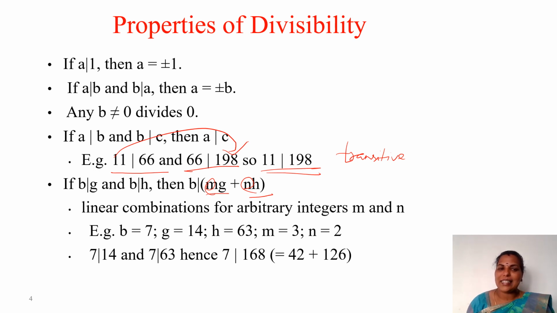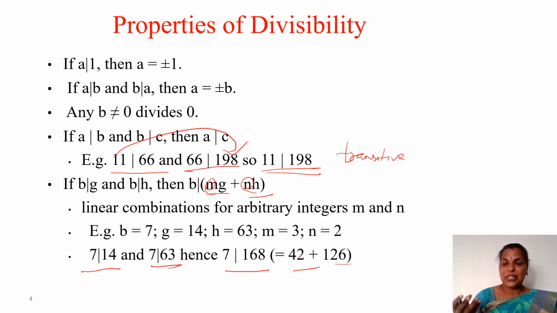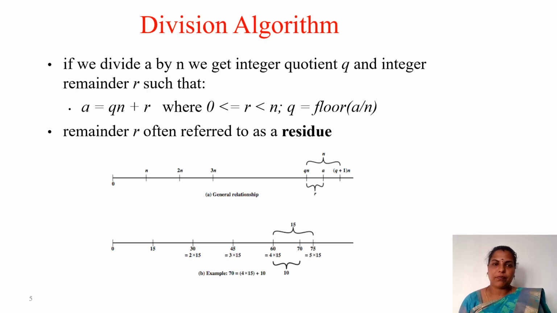Then we can write that 7 divides 14 and 7 divides 63. Hence 7 divides 168, since 168 is 42 plus 126. So even if multiples or some constant coefficient is included, we can still perform the divisibility operation. These are some of the properties of divisibility.